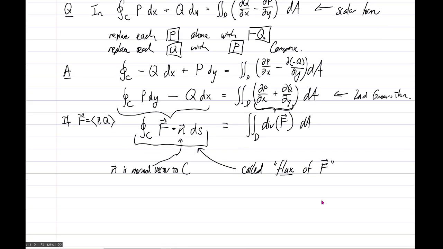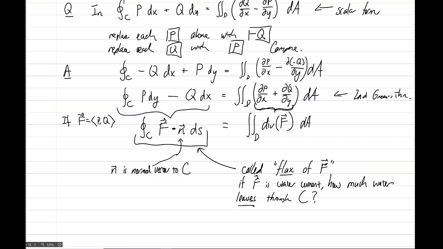Let's try to describe what flux is in general. The general idea behind it is, if F is a water current, then how much water leaves by going through C. That's the general idea behind what's going on here.